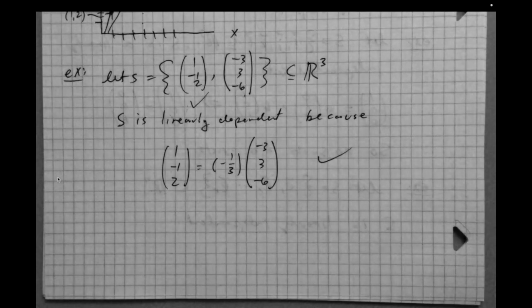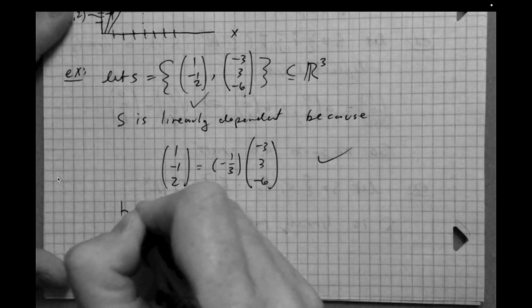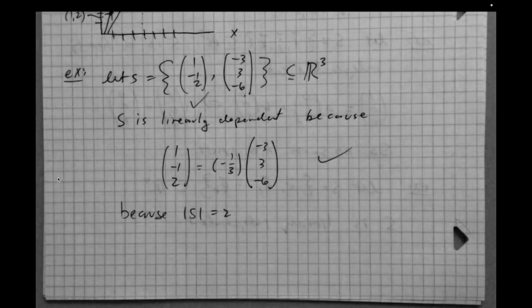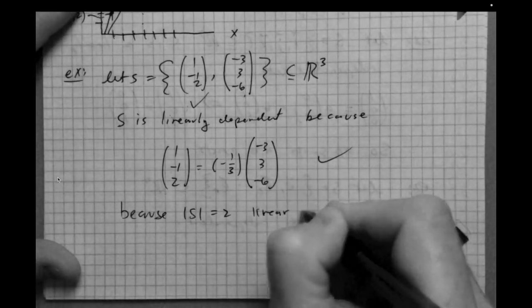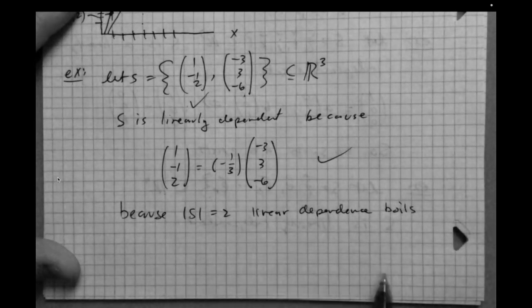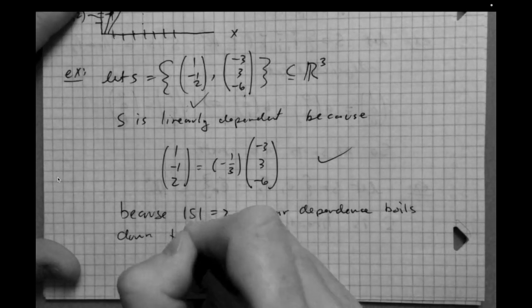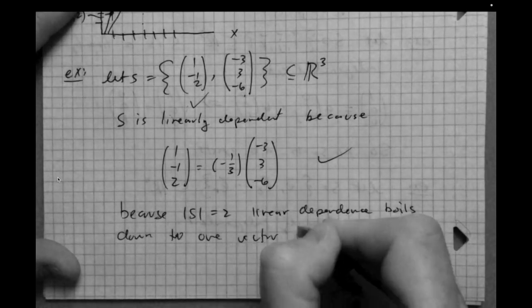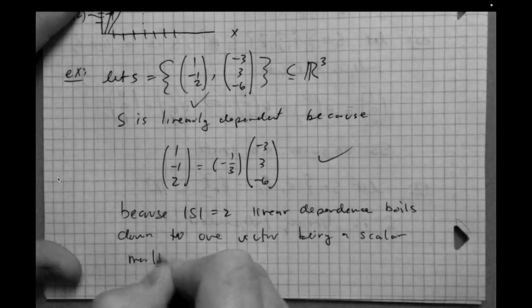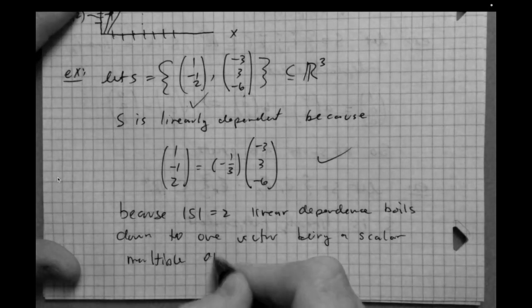Now in this case, because the size of S is exactly 2, linear dependence occurs whenever basically any of the vectors is a scalar multiple of the other. So linear dependence boils down to one vector being a scalar multiple of the other.